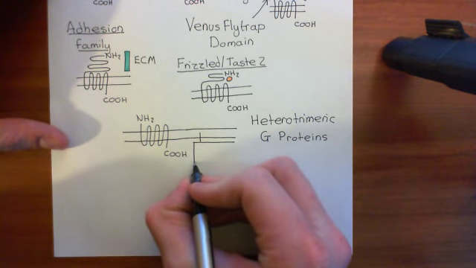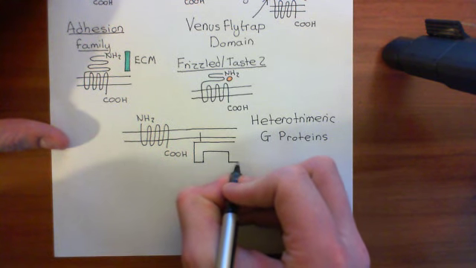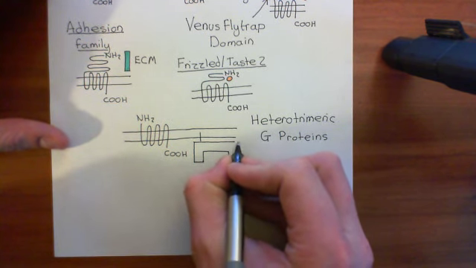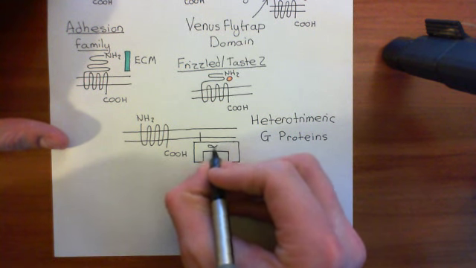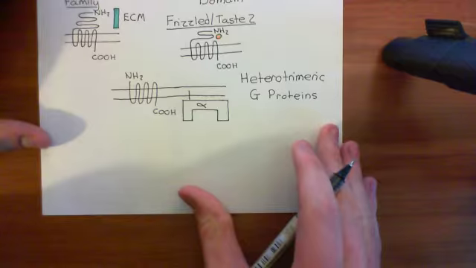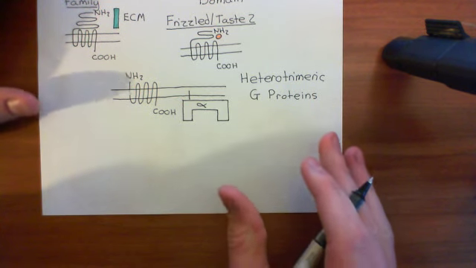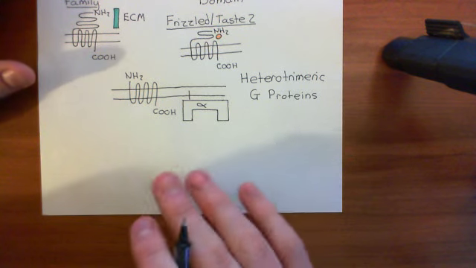So let me explain what I mean by that. Here we have the alpha subunit of the heterotrimeric G protein. All heterotrimeric G proteins consist of 3 subunits, an alpha subunit, a beta subunit, and a gamma subunit. And the alpha subunit is quite special. It can be in 2 states.